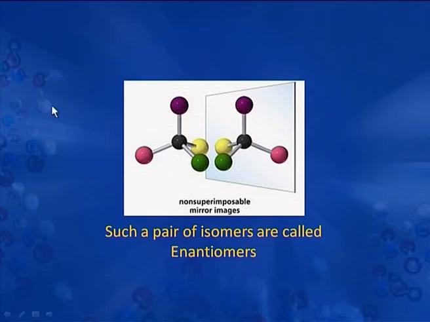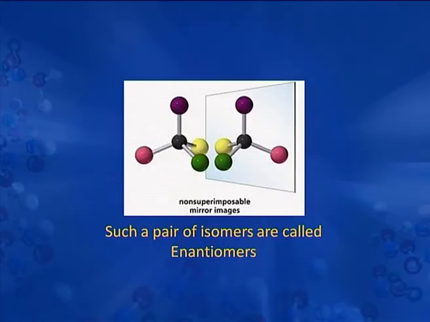These two isomers will have all their physical and chemical properties identical, but they will differ in one property, that is their optical activity. One of these isomers will be dextrorotatory, the other will be levorotatory, and the magnitude of rotation will be exactly the same. Why is this magnitude of rotation exactly the same? Because optical activity is observed due to interaction of the molecule with plane polarized light.